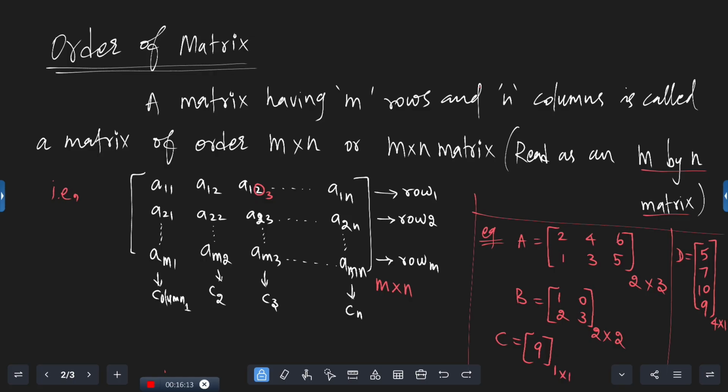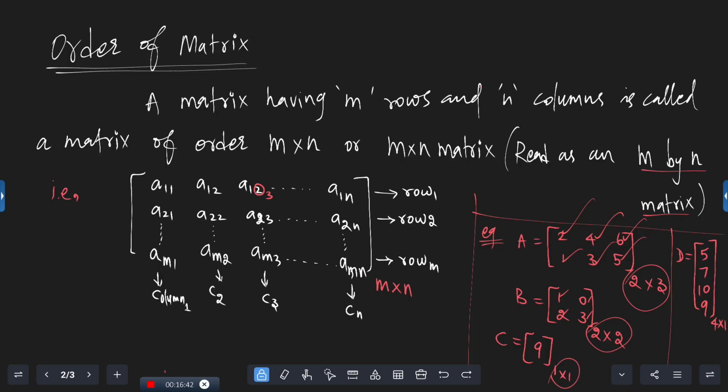How many elements do we have in a matrix? Elements 1, 2, 3, 4, 5, 6, six elements we have. If you multiply the number of rows and columns, whatever number you get, that many elements will be there inside, surely. 2 into 2, then 4 elements will be there inside. 1 into 1, so one element will be there inside.